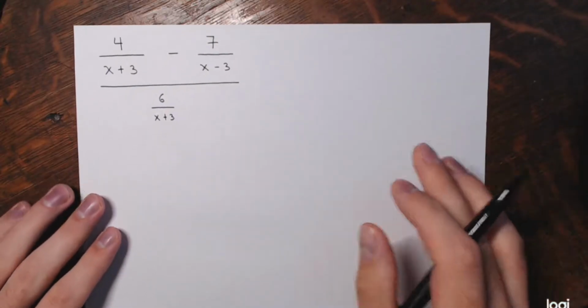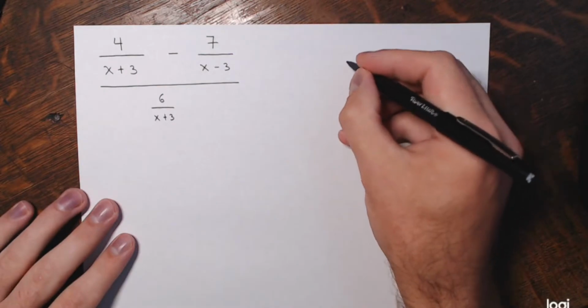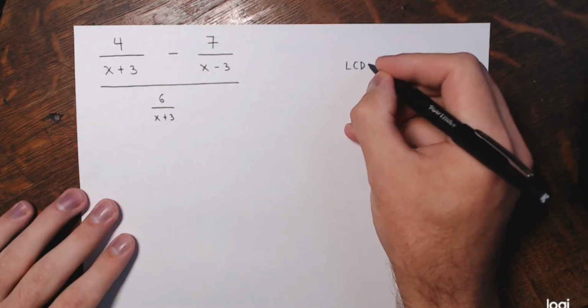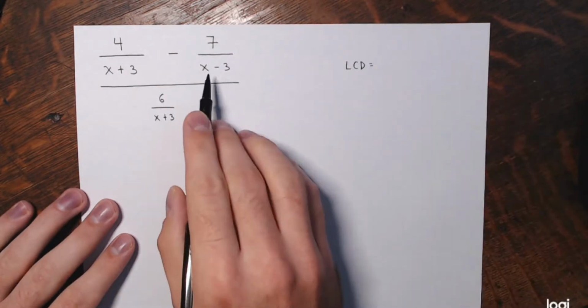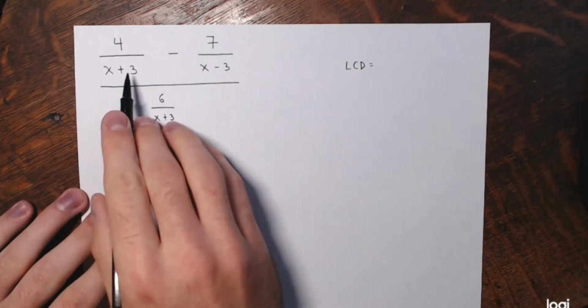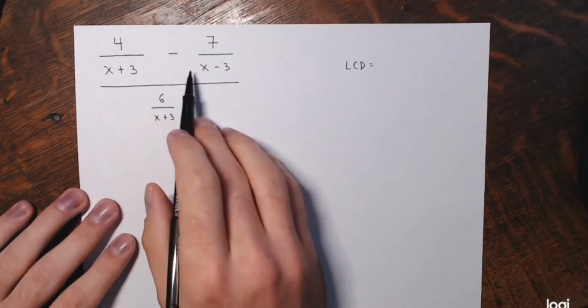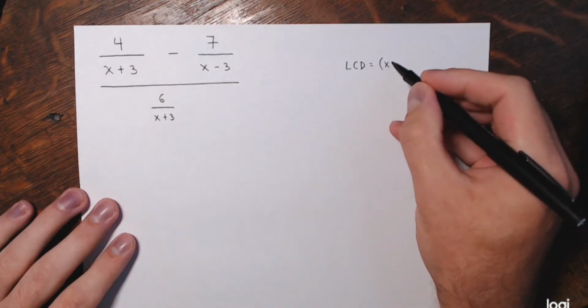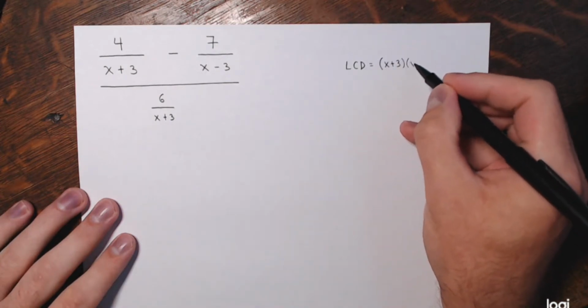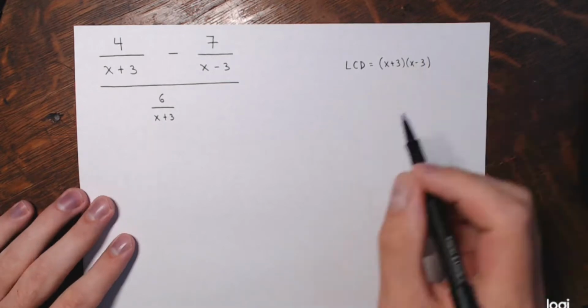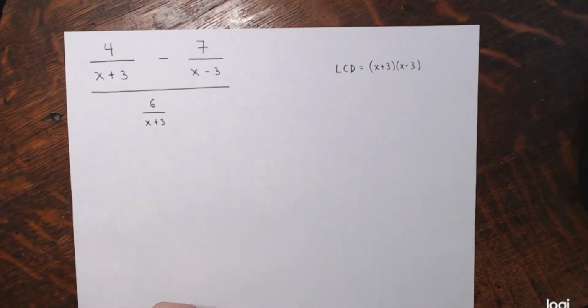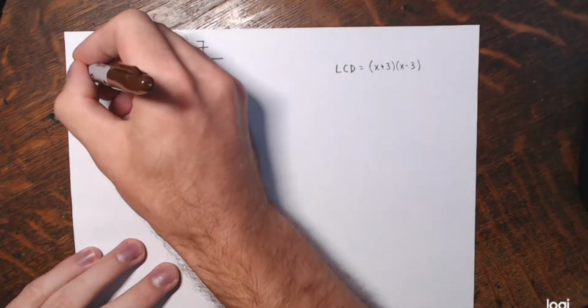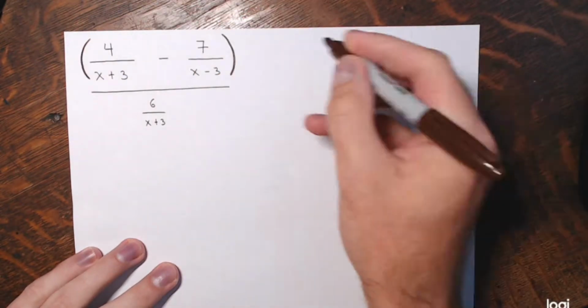This time I'll do a little less writing. Hoping you see that all these lesser denominators, x plus 3, x minus 3, x plus 3, the LCD would be x plus 3 times x minus 3. So I'm going to multiply the entire numerator by the LCD.